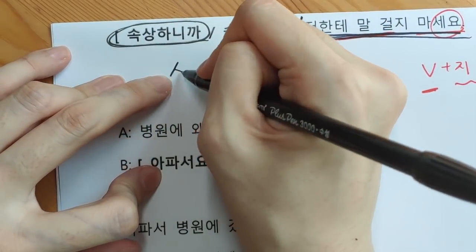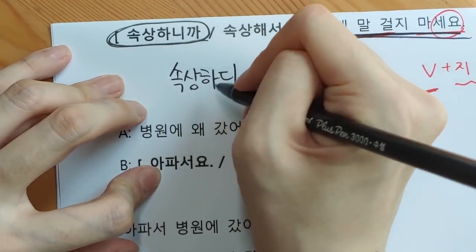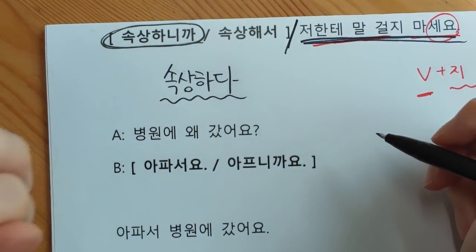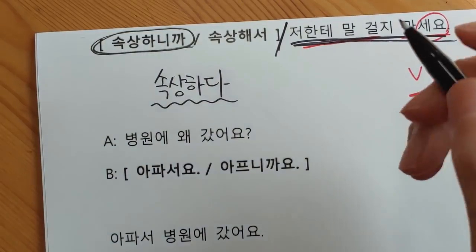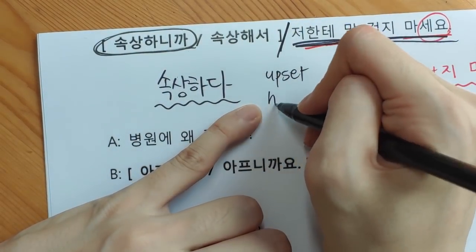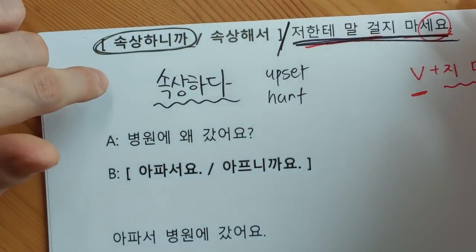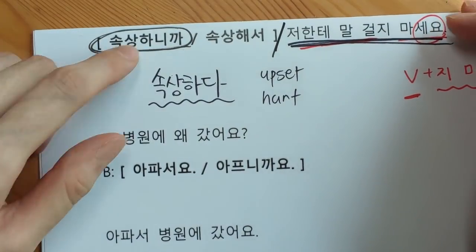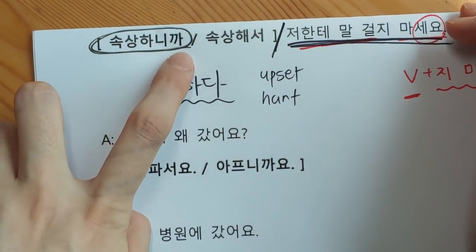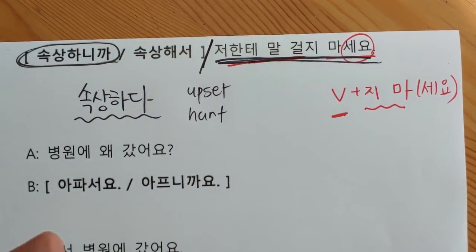So 속상하다, this is an adjective that we learned, right? Emotion adjective. 속상하다 means it's kind of an emotion that's a mixture of being upset and hurt, things like that. So 속상하니까 I'm upset, I'm hurt. So 저한테 말 걸지 마세요.